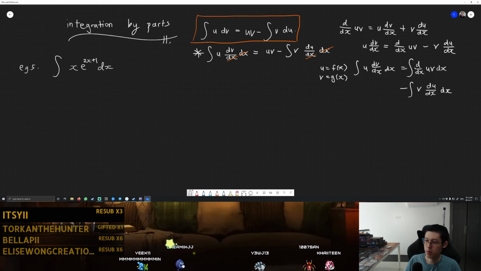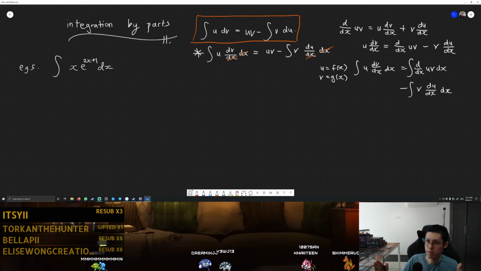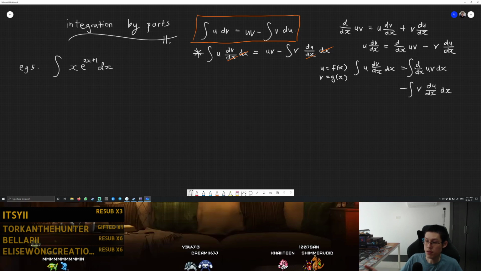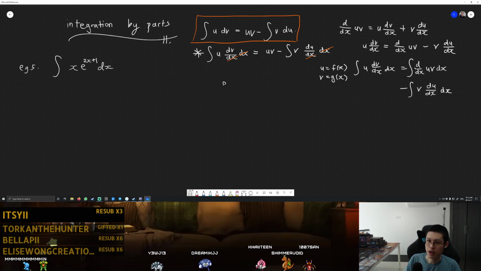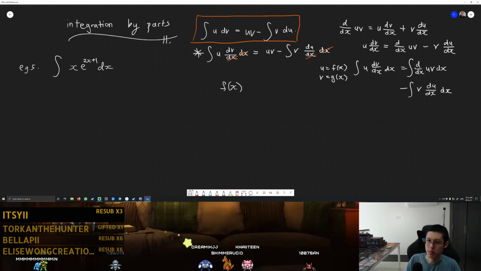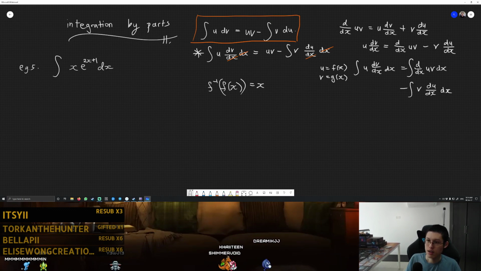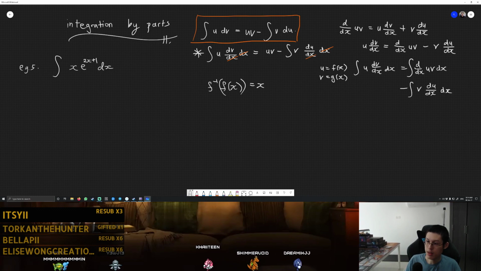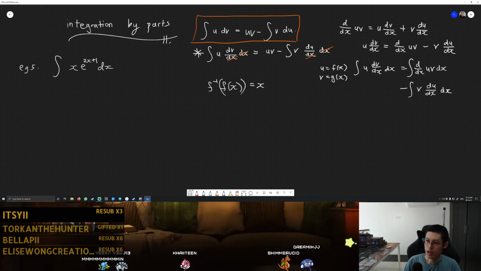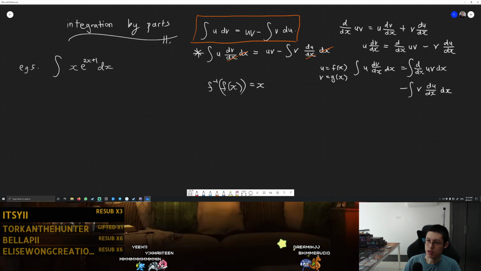Going back to what we've done in AS, or maybe even AddMath, if you put a function into its inverse function, you just get the original x back. So the inverse function and the regular function d/dx will just cancel each other out.